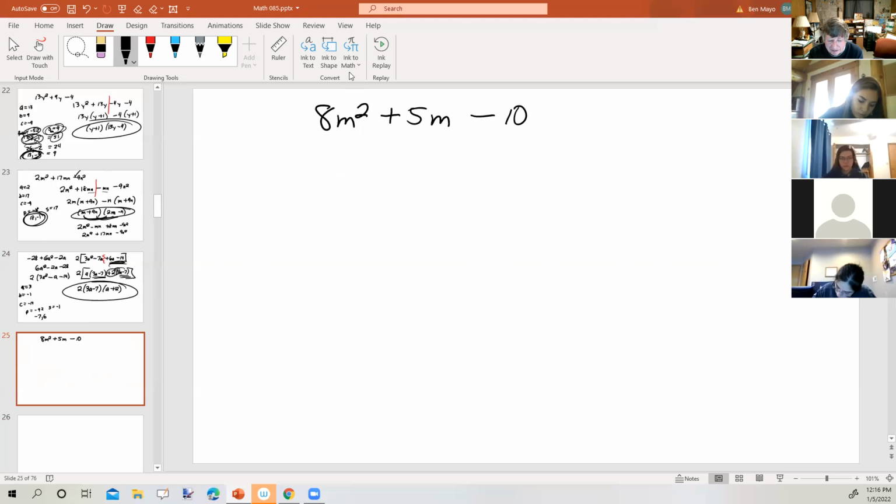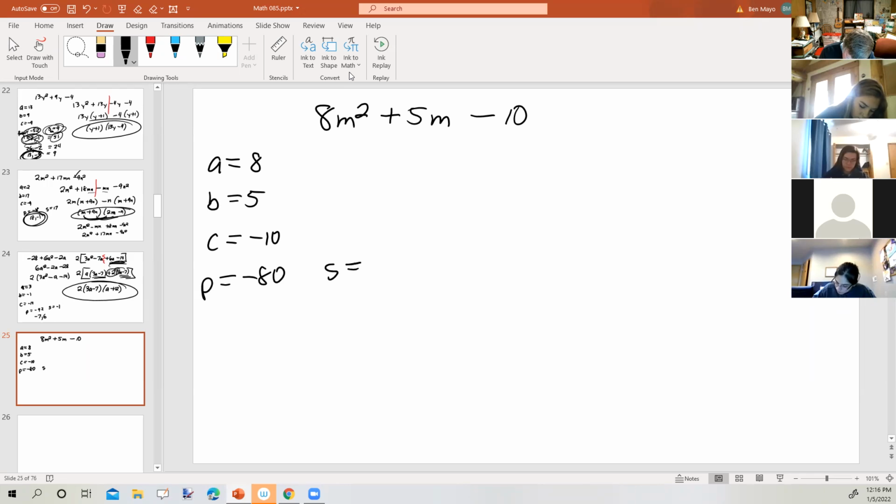It does not have a leading coefficient of 1. Therefore, A, B, C, P, S, the grouping method. A is 8. B is 5. C is negative 10. The product is negative 80, and the sum is 5.